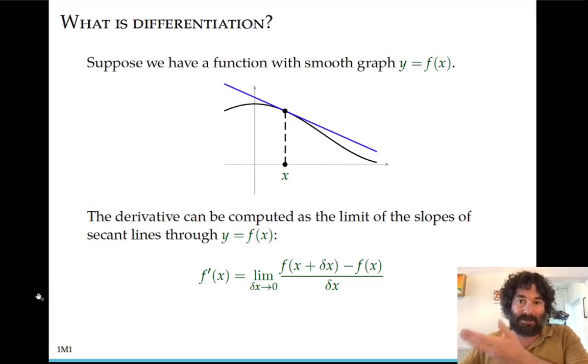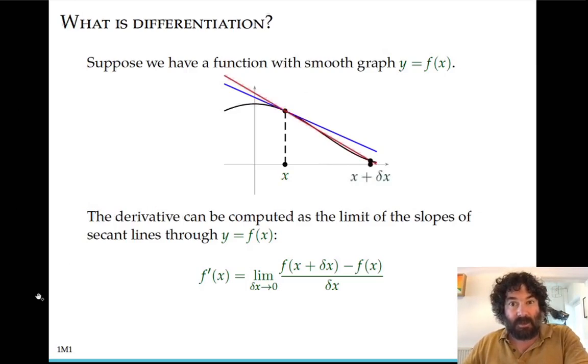And so in the beginning days of calculus, one of the big things was that we could figure out how to calculate these derivatives based on taking the limit of a sequence of secant lines, or slopes of secant lines. So, for example, we have here the line that passes through 2 points on this graph. This is called a secant line. If we take the line that passes through x and then x plus some small amount delta x, and this red line is the secant line, then here we have the slope of the secant line.